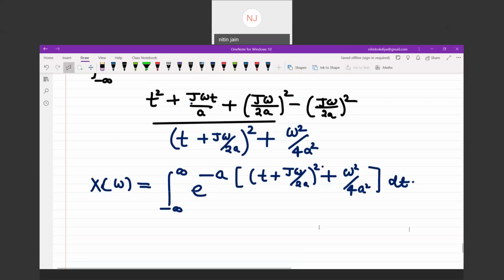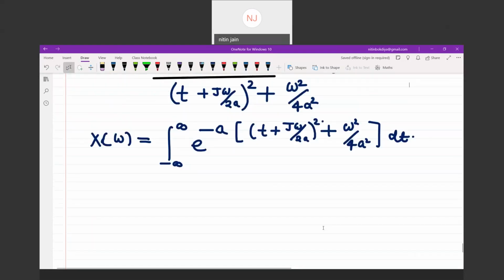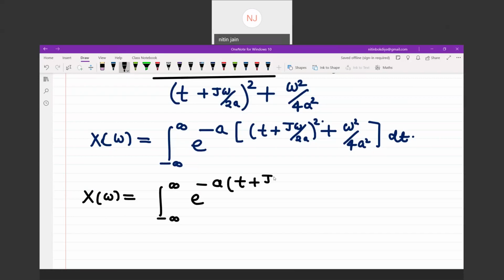Now we can say X of omega equals the integral from minus infinity to infinity of e to the power minus a (t plus j omega by 2a) whole square, into e to the power minus omega square by 4a, dt.